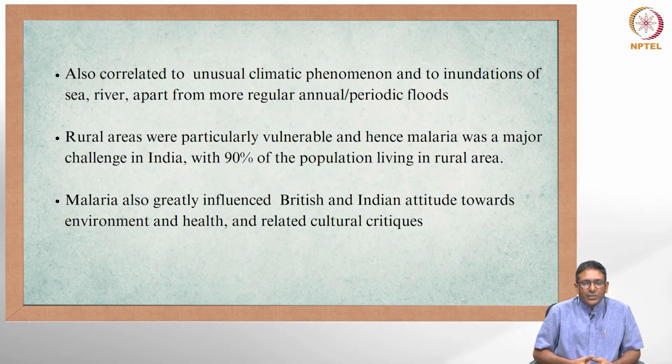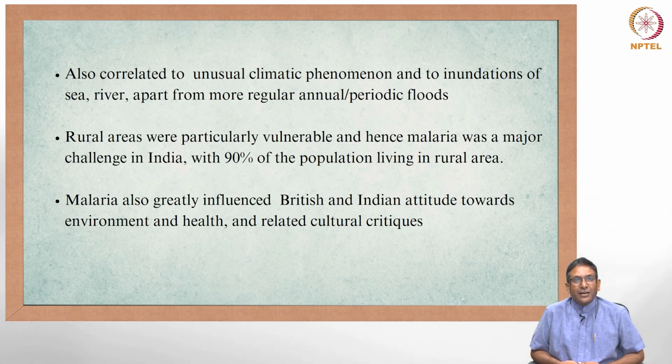Rural areas were particularly vulnerable to malaria, and thus it was a major health challenge to India, as 90% of the population lived in rural areas for much of the 19th century.